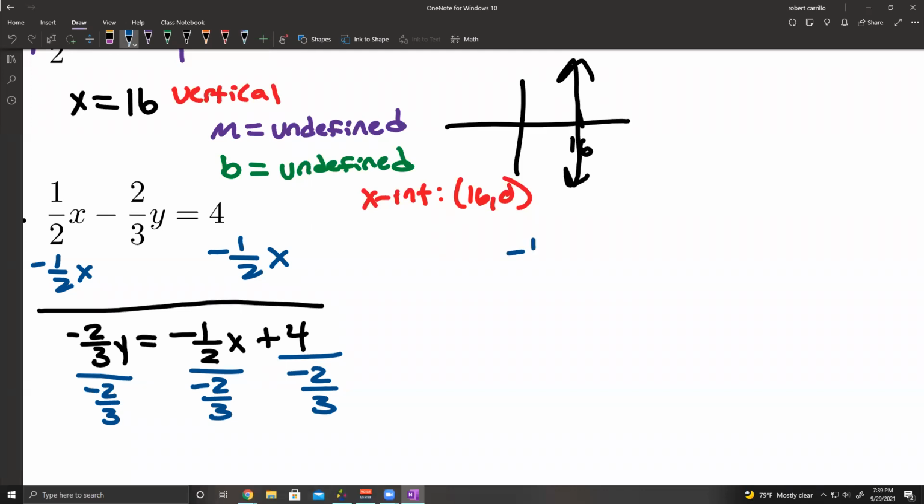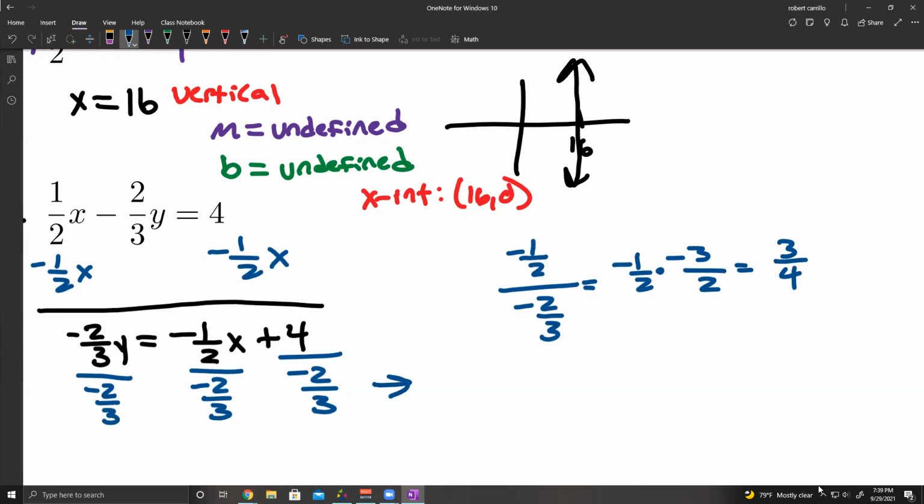That is -1/2 over -2/3. So we know to multiply by the reciprocal. And we get +3/4. So y equals 3/4 x.